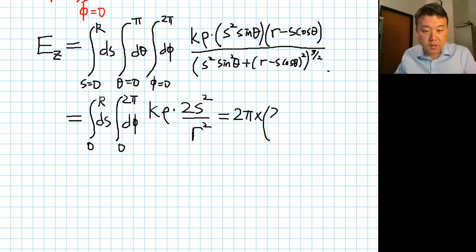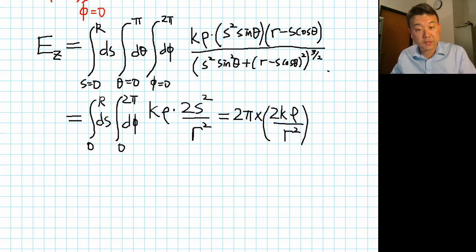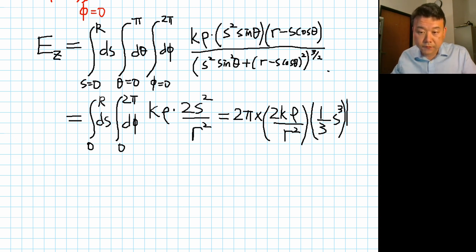So that would be 2k rho over r squared. And now the antiderivative of the s squared, that's going to be 1/3 s raised to 3rd power evaluated from 0 to r.